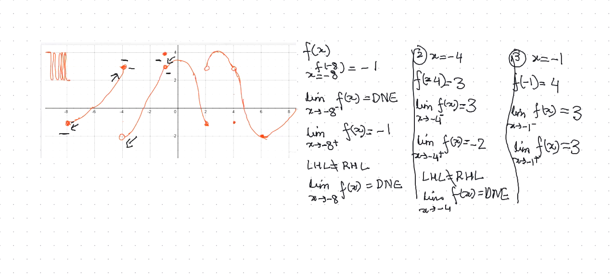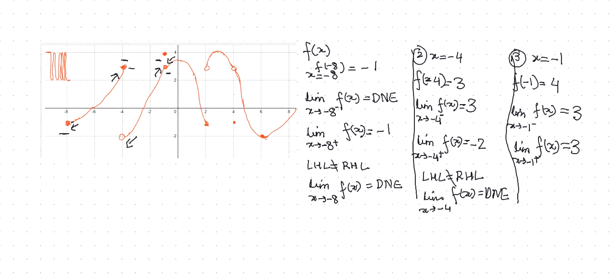So when x is -1, the function is approaching a value of 3 from the left-hand side and the right-hand side, whereas the value of the function at -1 is 4.